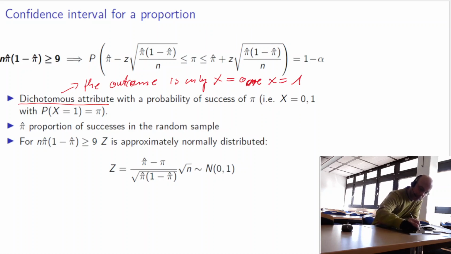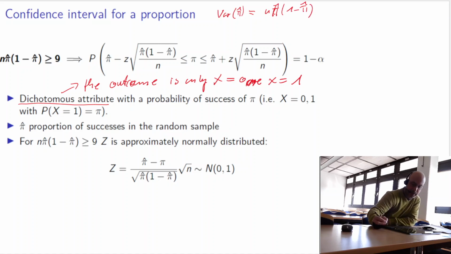So remember, the variance of p is just n times p hat times 1 minus p hat.